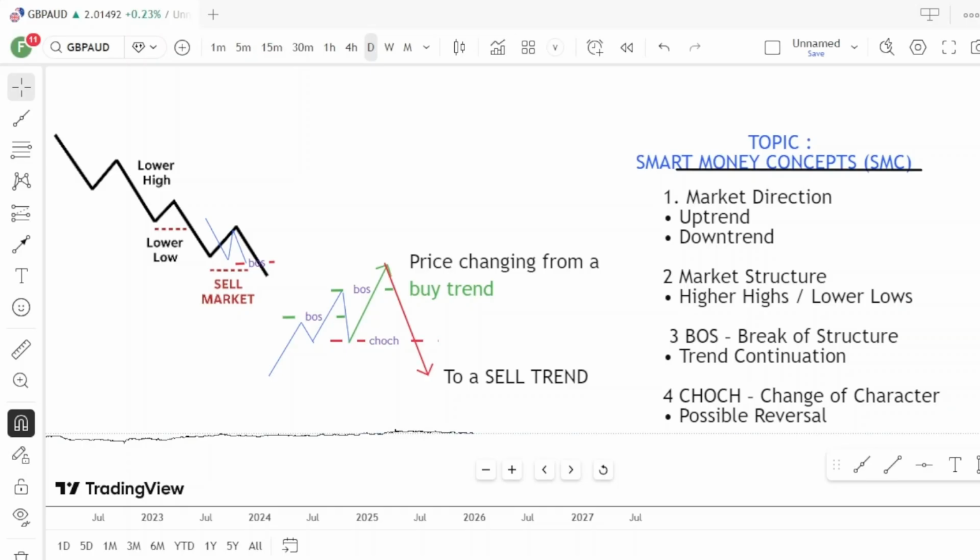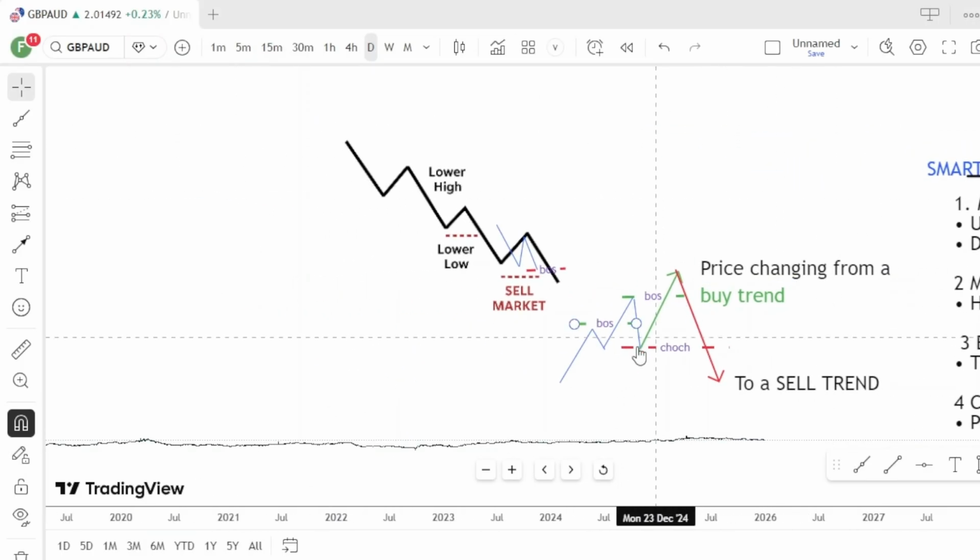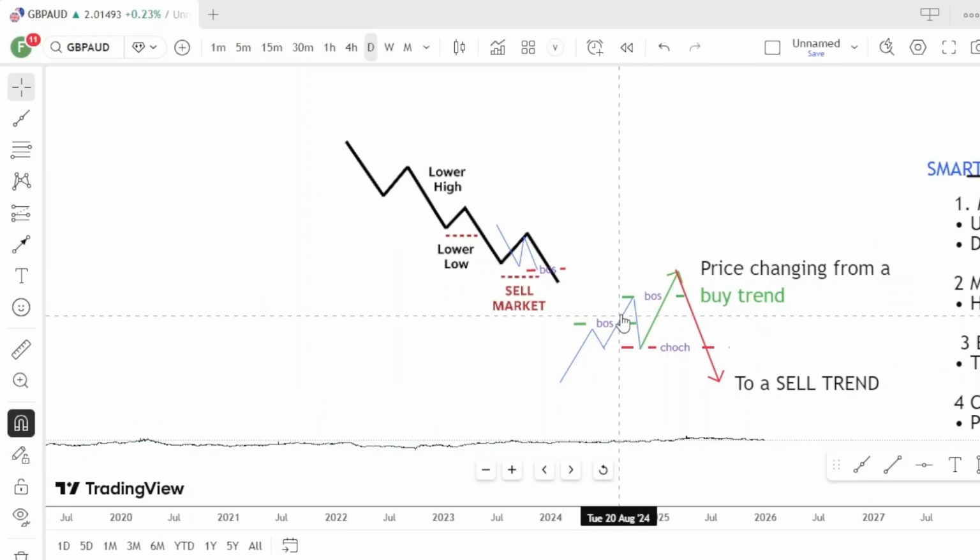Price breaks low. So let me explain this on the chart. Price is breaking highs to the upside, break of structure. There's another break of structure.